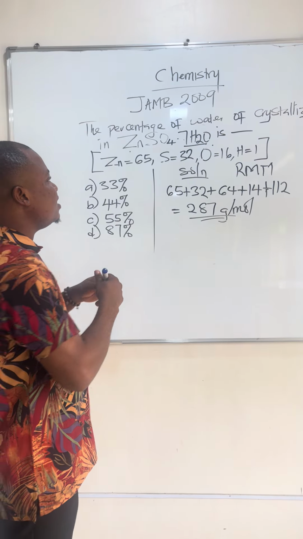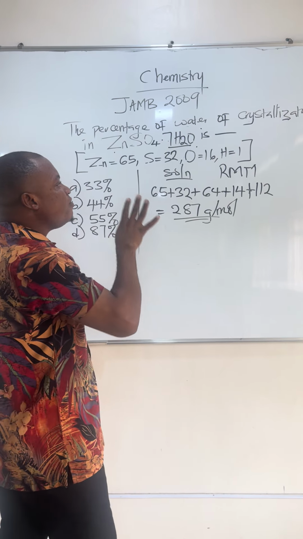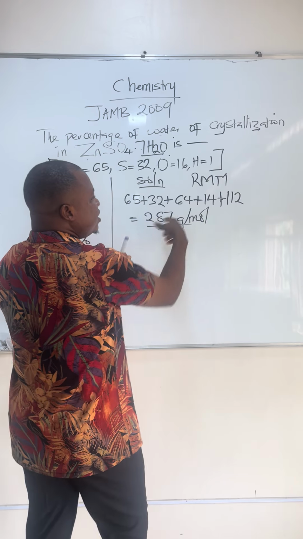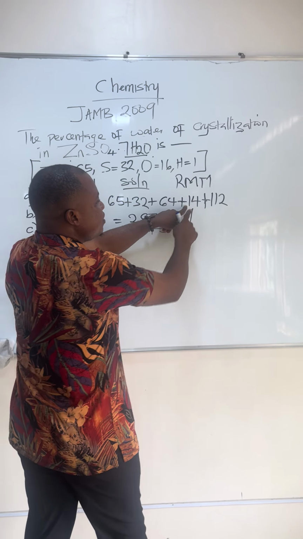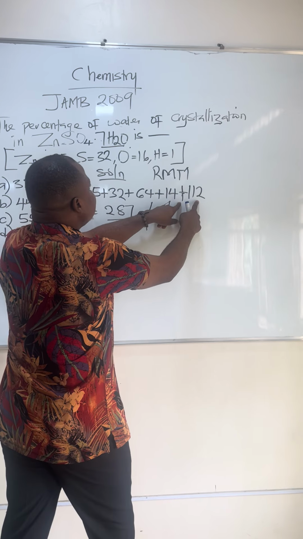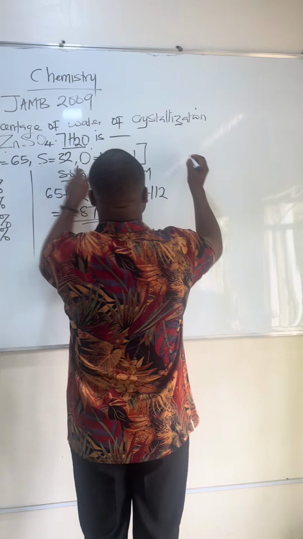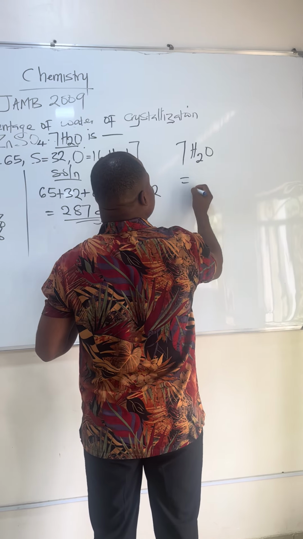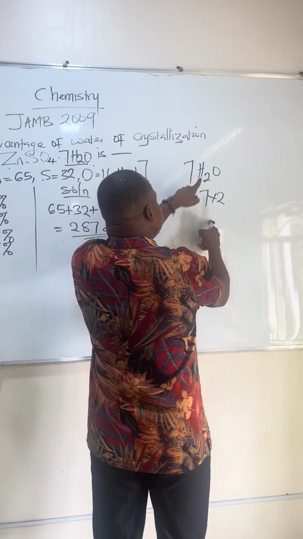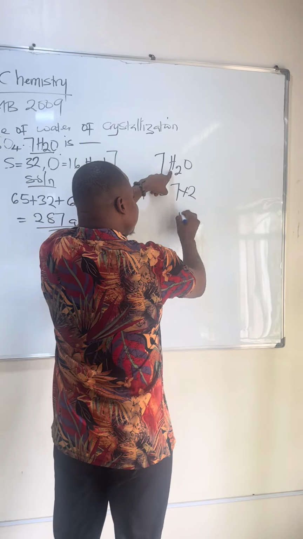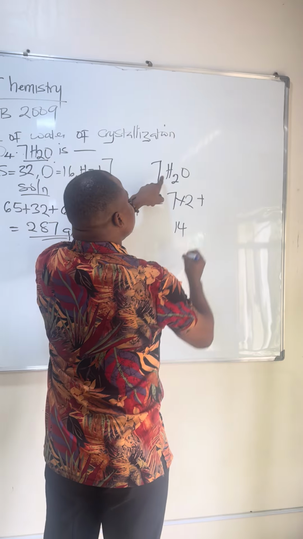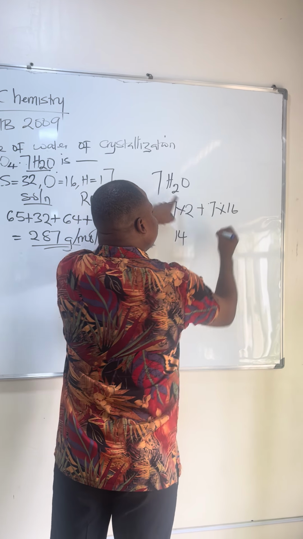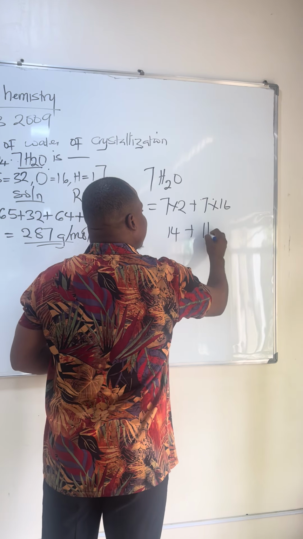We are asked to calculate the water of crystallization. To calculate it, we are going to come back to this. These 7 molecules of water is equal to 7 times 2, which is 14, plus 7 times 16. 7 times 16 is 112.